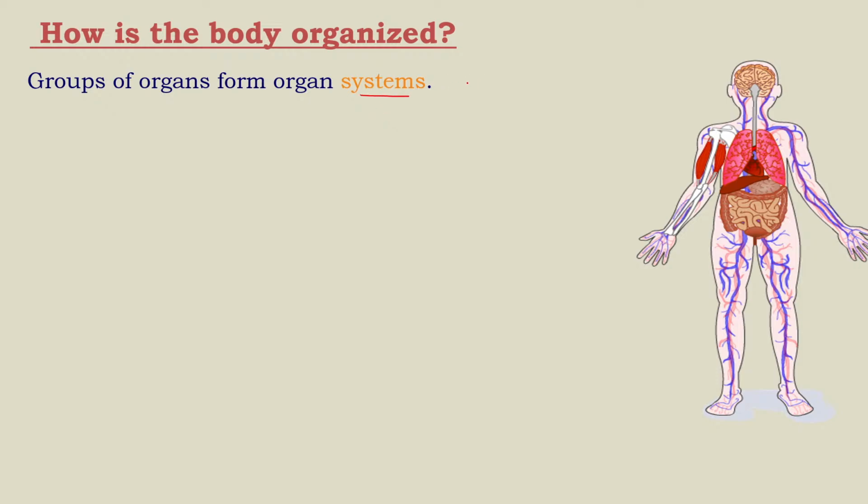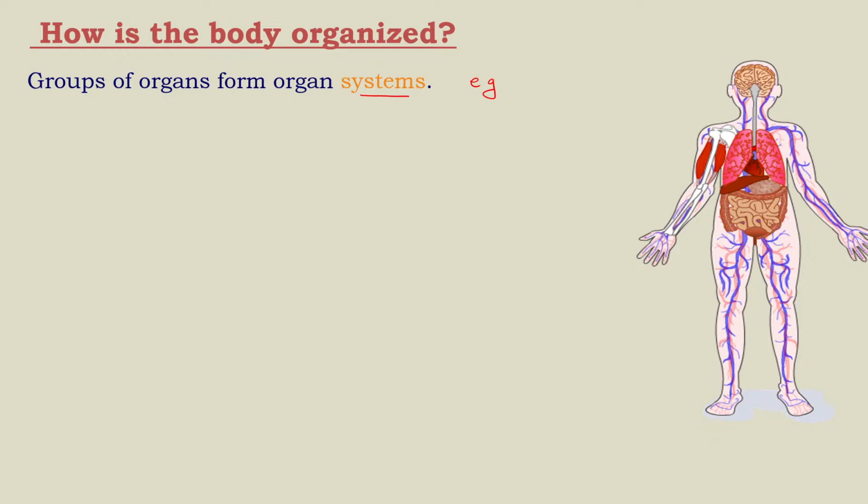Can you give examples of organ systems that you already learned in your lower classes? Any one organ system? The human body is made up of several organ systems. We have the human digestive system, the human circulatory system, the human excretory system, and the nervous system.